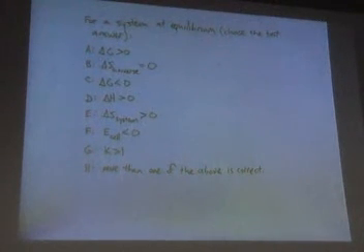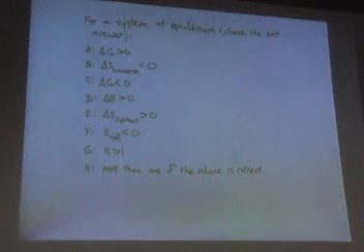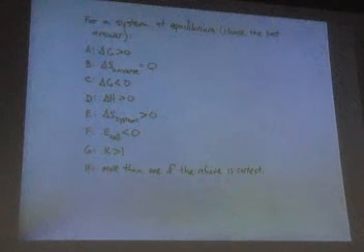Do we know anything about whether delta G is positive or negative or 0? Nope. Don't know anything about the system other than we're at equilibrium. So we know that at equilibrium, delta G equals delta G naught, right? But other than that, we don't know.